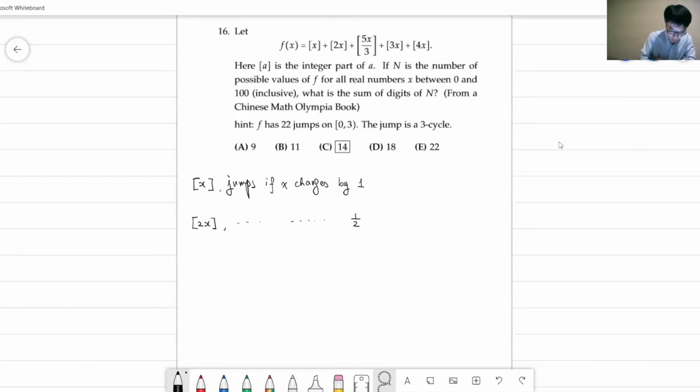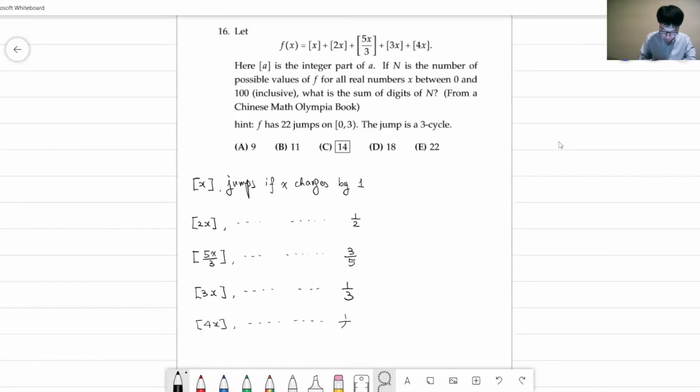And also for 5x over 3, if the value changes by 1, the total value changes by 1. So when x changes by 3 over 5, 5x over 3 changes by 1. And then we have 3x. This value jumps if x changes by 1/3. And lastly, we have 4x.